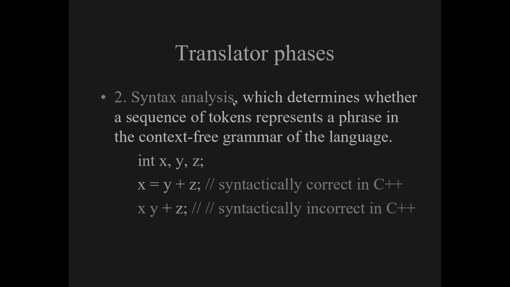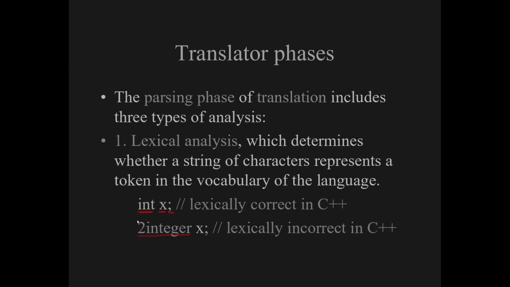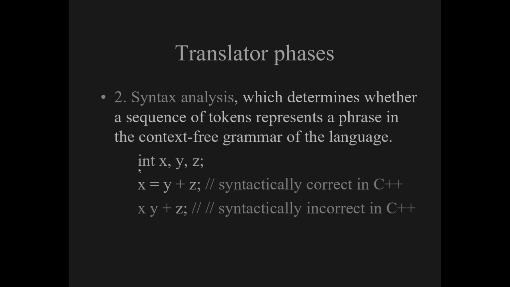Next, you have syntax analysis, which uses the context-free grammars that we saw in the previous lecture. And rather than checking one by one each of the lexemes, it looks at them together to understand the structure of the program. So this set of declarations has a certain structure. First, you have the data type, then the identifiers, comma separated, then the semicolon to end the statement.